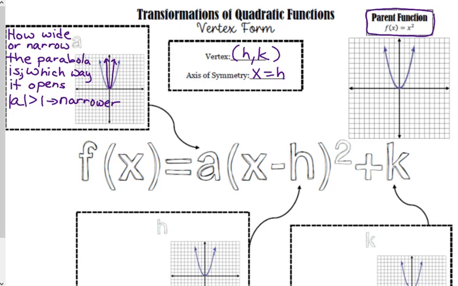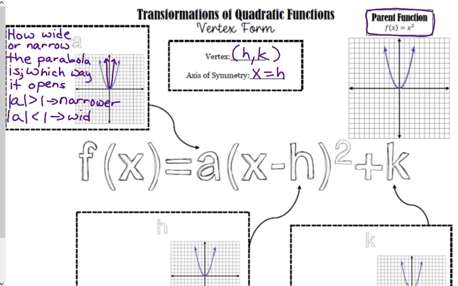And the reason we say that is if we stretch something out, it gets longer. So if we stretch it in the vertical direction, it gets skinnier and taller. And if we were to compress something, that means it gets smaller or squished. If we squish it from the sides, it will do the same thing. So if the absolute value of a is less than 1, it's wider.